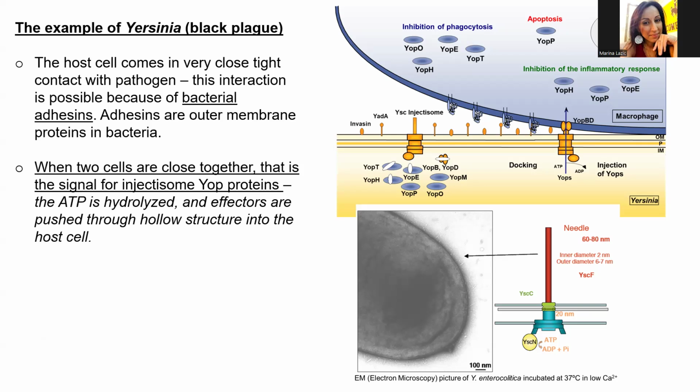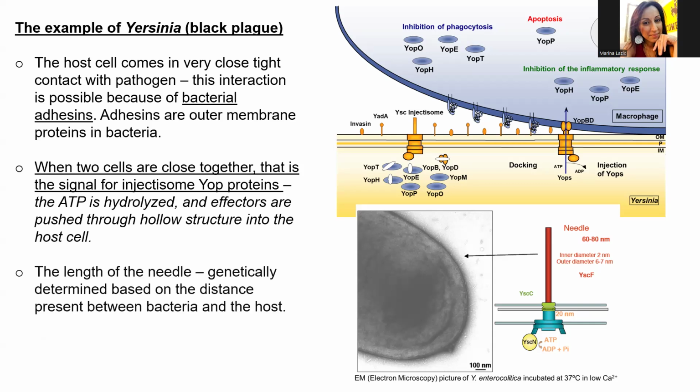So once the Yop proteins are made, they now have to be injected into the host cell. What you need here is ATP hydrolysis that will push these injectisome proteins through the whole complex.